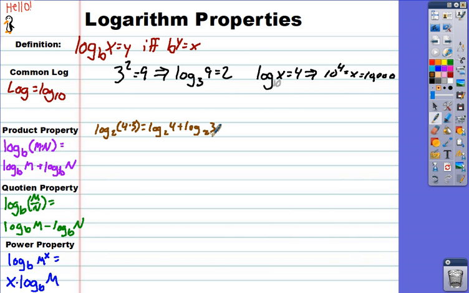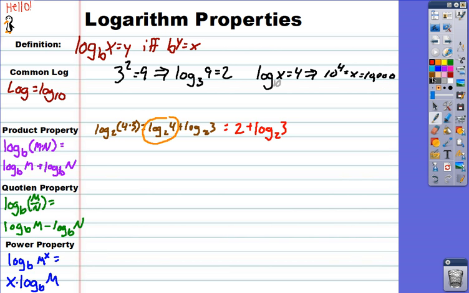Now you might think we would end there, but log base 2 of 4 is one we can actually do in our head. 2 to what power equals 4? Remember, the base to the answer power equals the number, so 2 to the y equals x. Well, 2 to the second power equals 4. So we can finalize this as 2 plus the log base 2 of 3, and we would finish there.